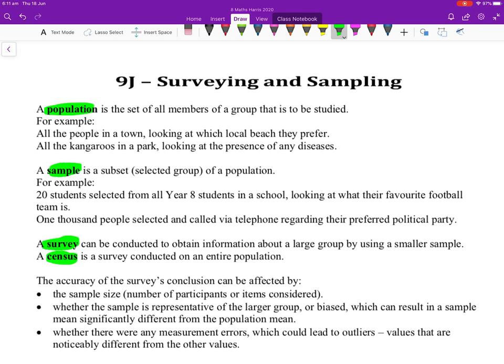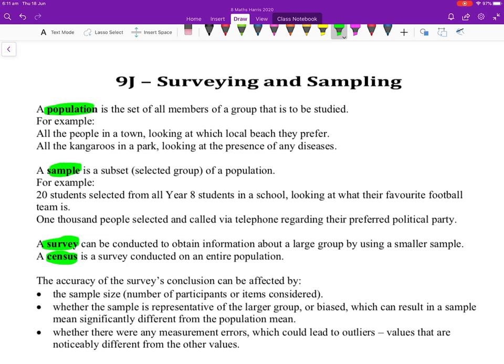Now, how accurate surveys are can be affected by a lot of things. It depends on how many people you ask. It depends on the type of people you ask, whether they are biased or not. For example, if I wanted to do a survey on the boys' uniform and I asked a whole lot of primary school girls what they thought of the high school boys' uniform, well, that's not going to be a very good sample to choose.